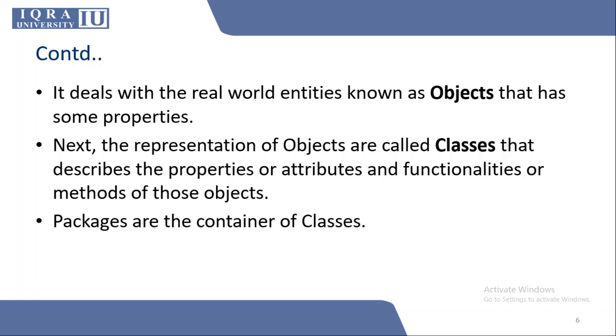So basically an object is referred to as a small canvas which extends to classes and packages. The representation of objects is called classes. Classes describe the objects, their features, their properties, their functionalities.